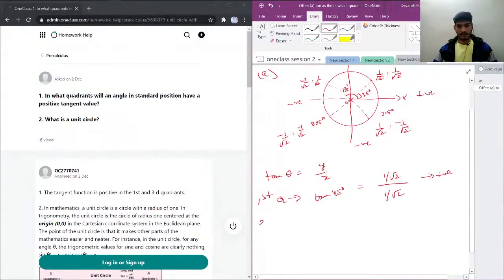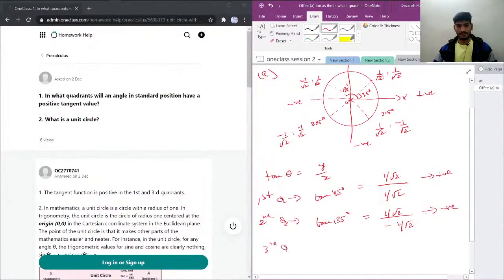For second quadrant, we have tangent of 135 degree. Now in this my x is negative, 1 over root 2, and my y is positive. So this will become negative.